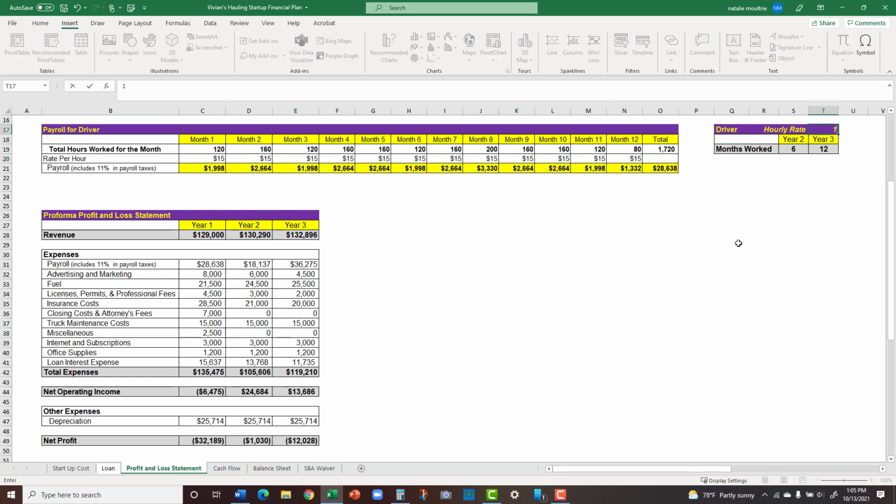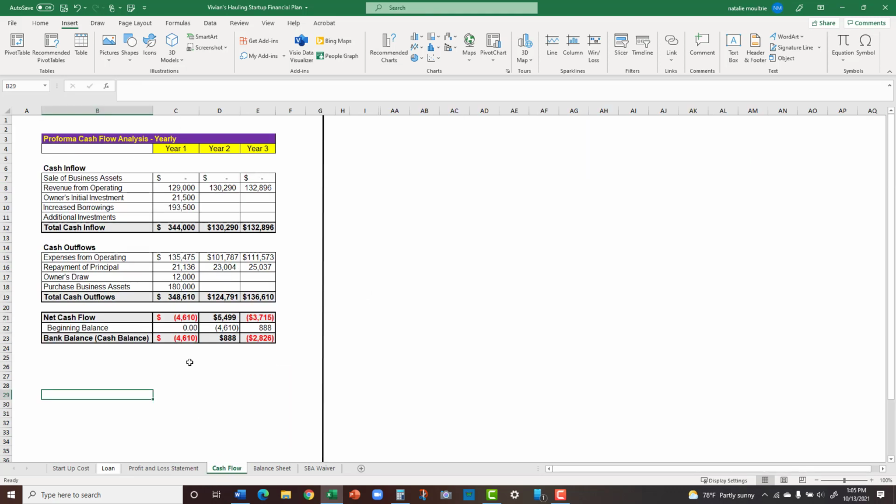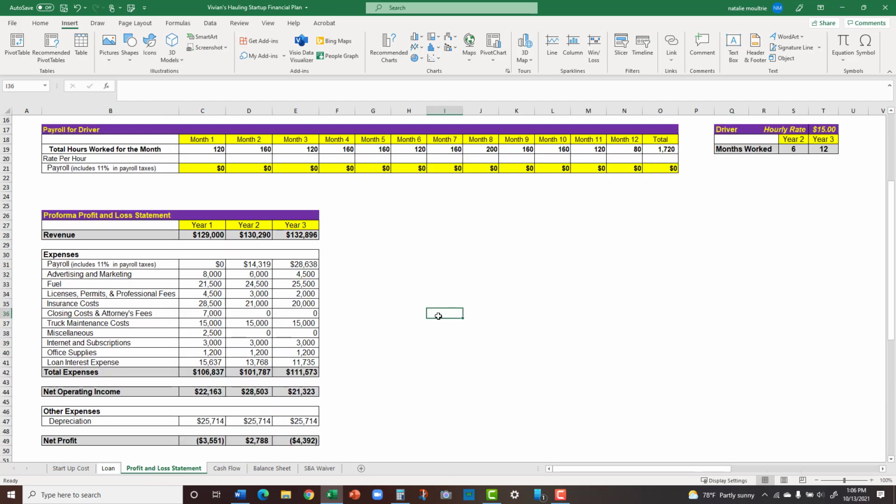The rate here is $15 an hour. Then you can see the impact that has on your cash flow statement. Now, at any point that you have a negative cash balance, you know that you need to make the necessary adjustments.